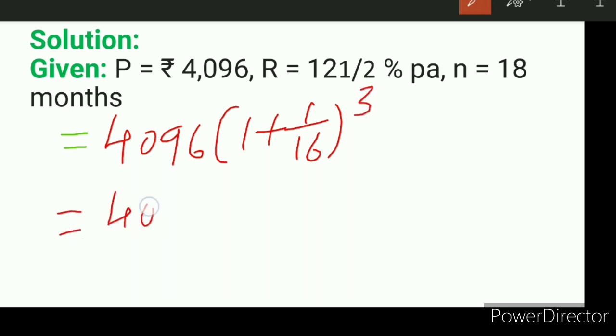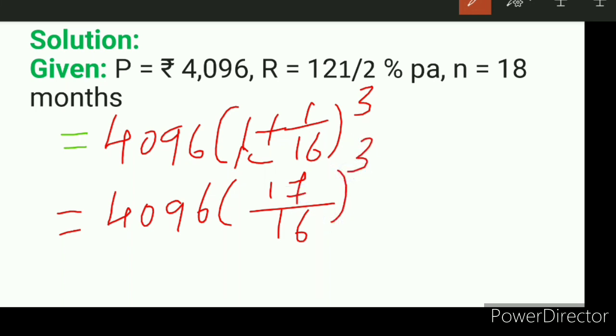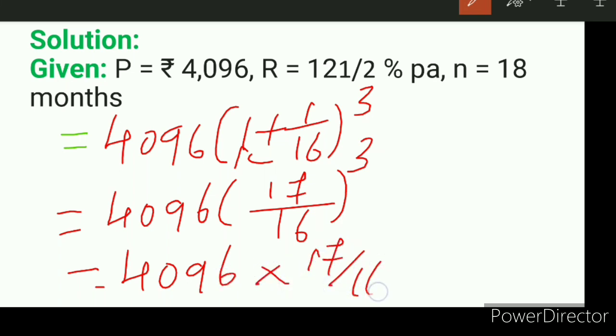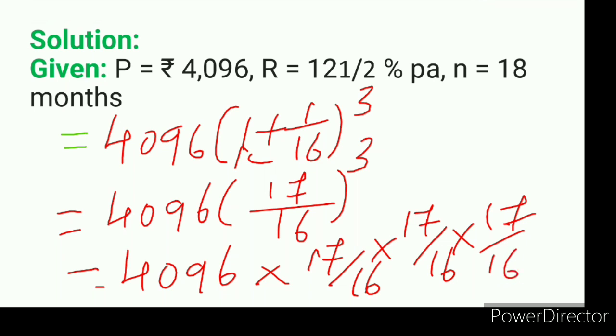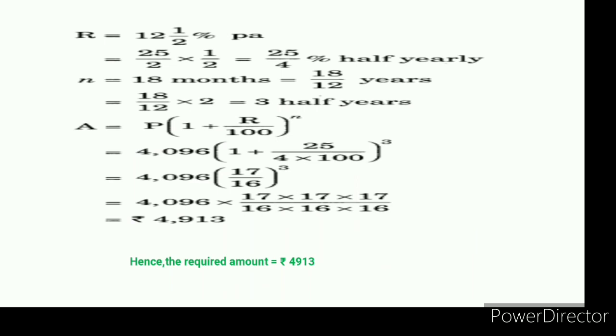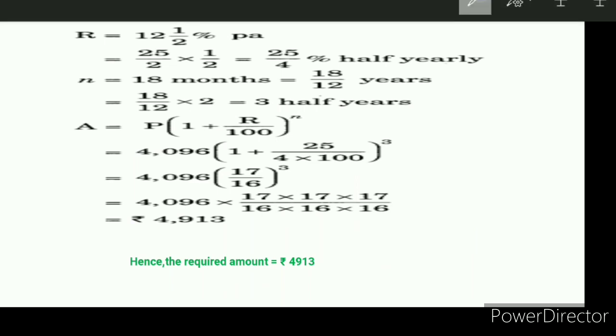We'll simplify inside the bracket: 16 is the LCM, 16 ones are 16 plus 1, 17, whole to the power 3. So 4096 into 17 by 16 into 17 by 16 into 17 by 16. If you simplify, you will get the amount. You don't need to write all this.